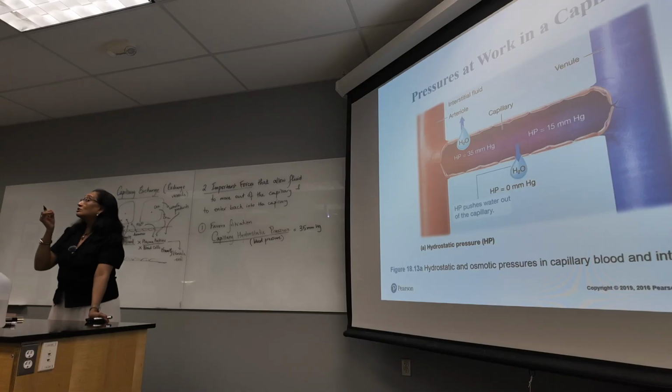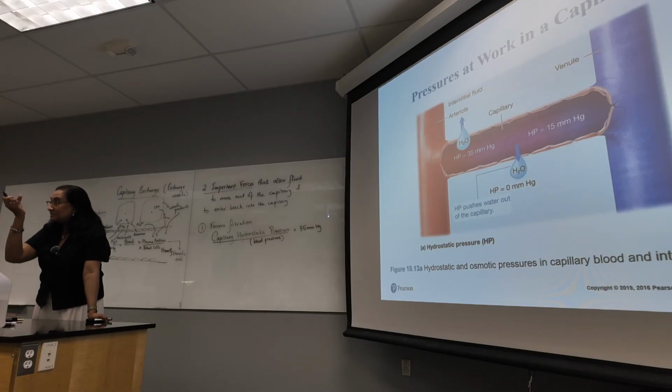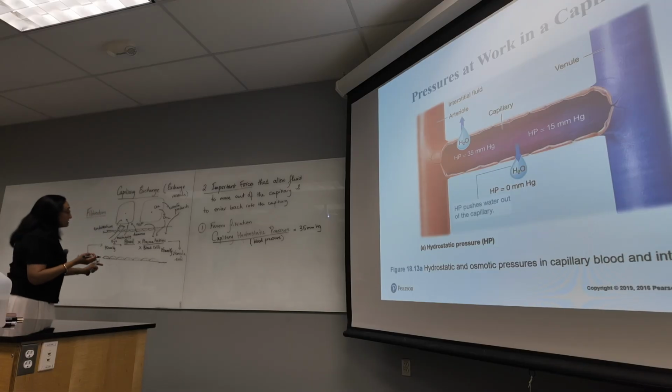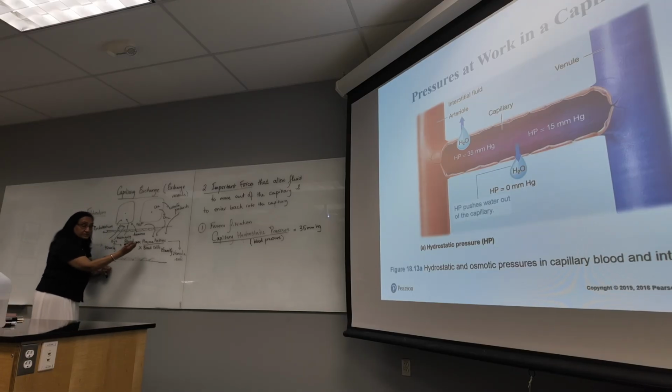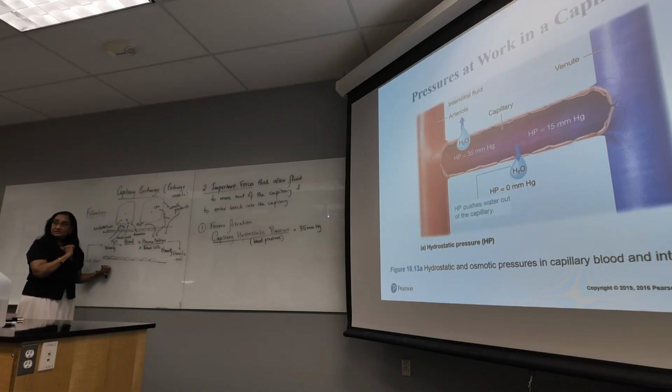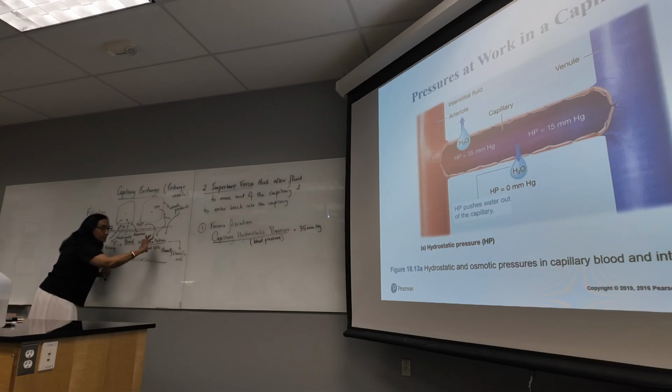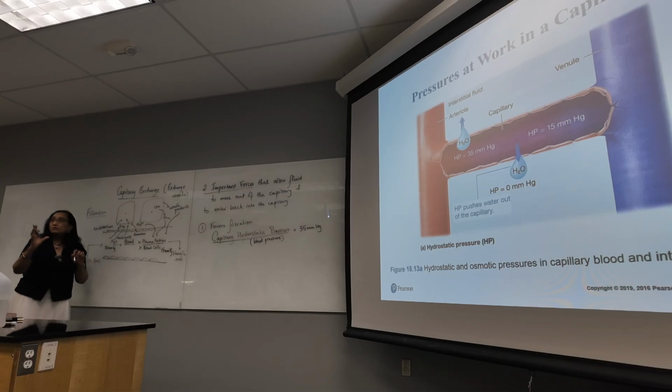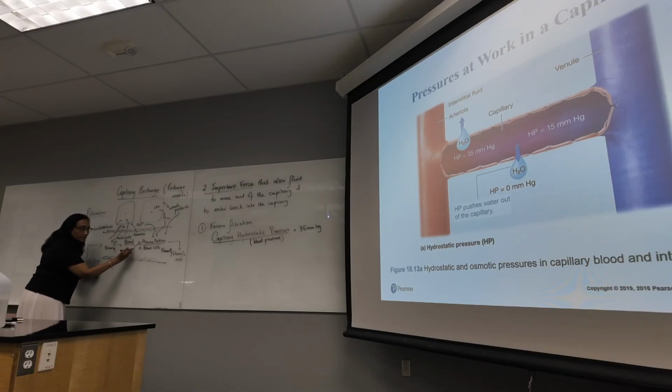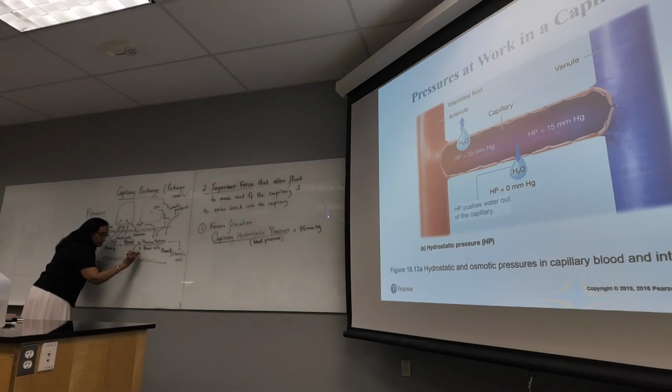Plasma colloid osmotic pressure. So it pulls the water back into the blood vessels. The plasma colloid osmotic pressure, which is exerted by plasma proteins, always remains the same because plasma proteins are not going anywhere. They don't escape. So this pressure exerted by plasma proteins is about 25 millimeters of mercury.